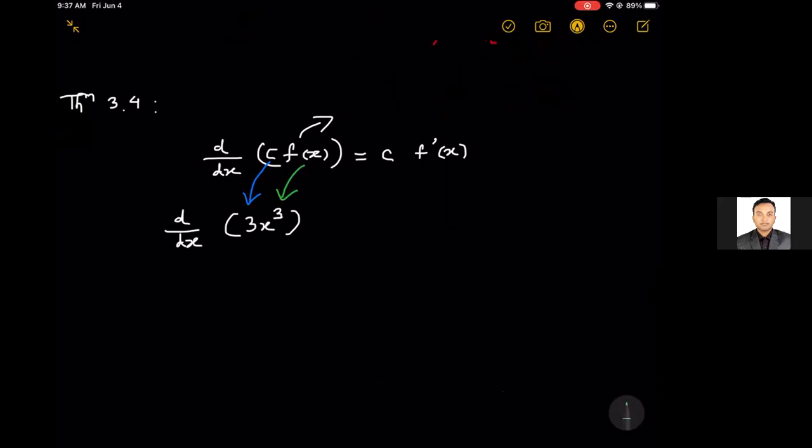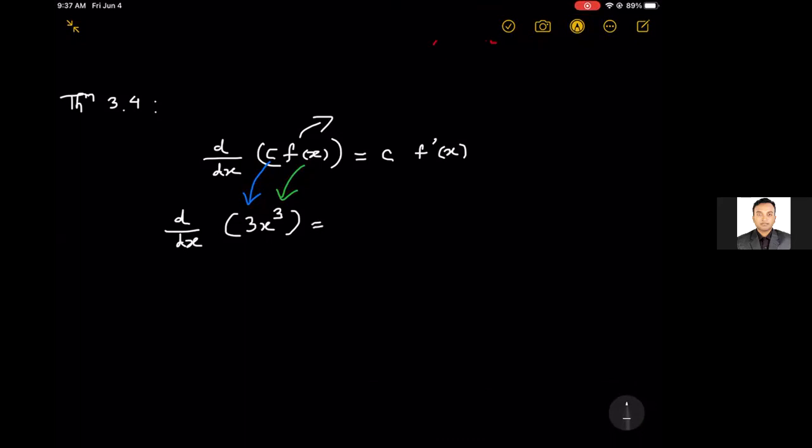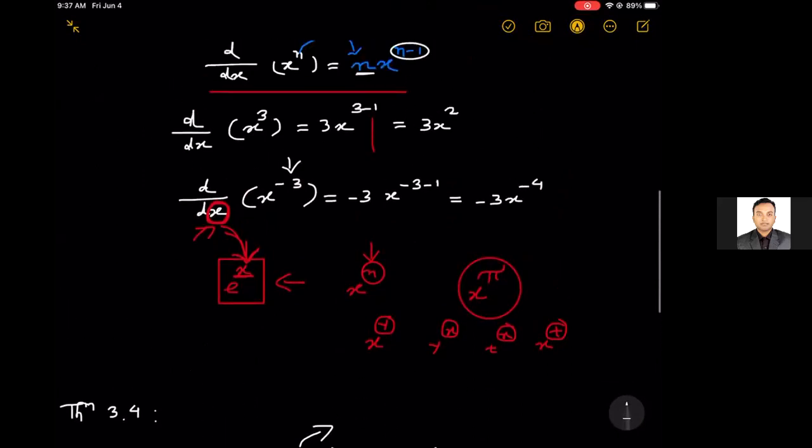And what the theorem says, you can always keep the constant outside and then find the derivative of the main function. And what's the derivative of x cubed? If you remember, we have just solved it. 3x squared. Exactly, 3x squared, right?